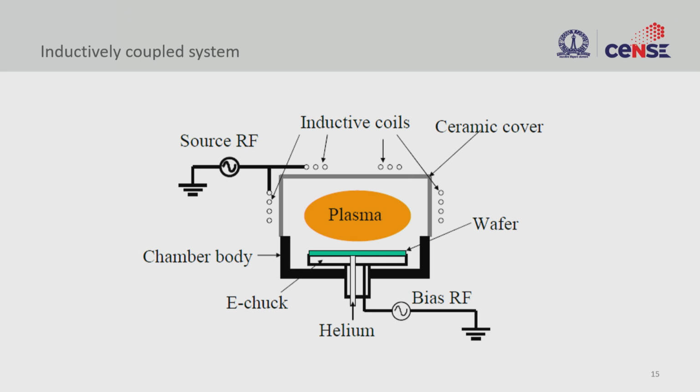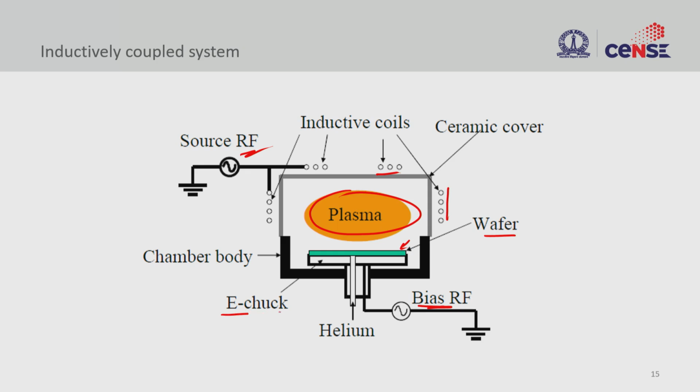And this is again an inductively coupled plasma system which uses a combination of the planar and the dome system. So this creates the plasma inside here by using the RF, that's a source RF, and then we have the bias RF fed through the capacitor, where the wafer is kept.